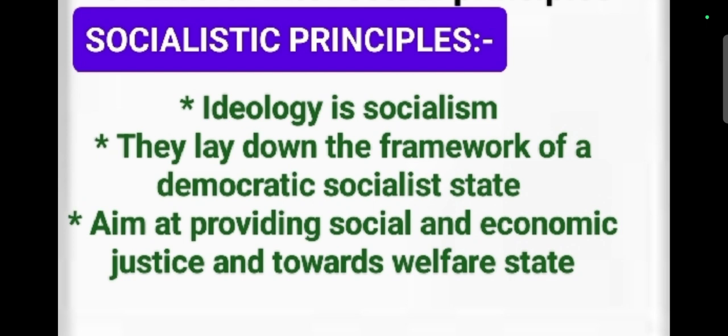So there is no individual property. To keep rich and poor people in balance, we should promote the government's responsibility in the society to achieve equality. This is the main important aim of the socialistic principles: social, economic and political justice.